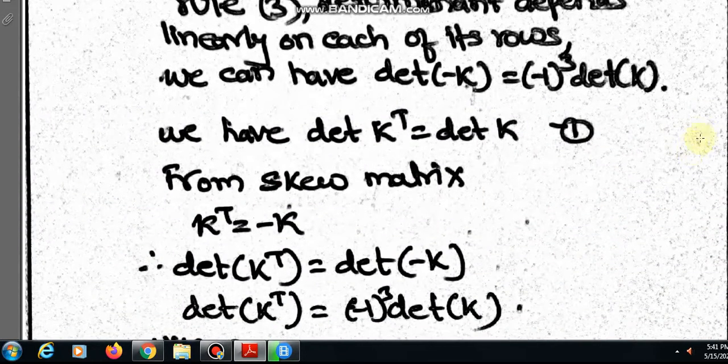Now, using this, try to deduce the result.